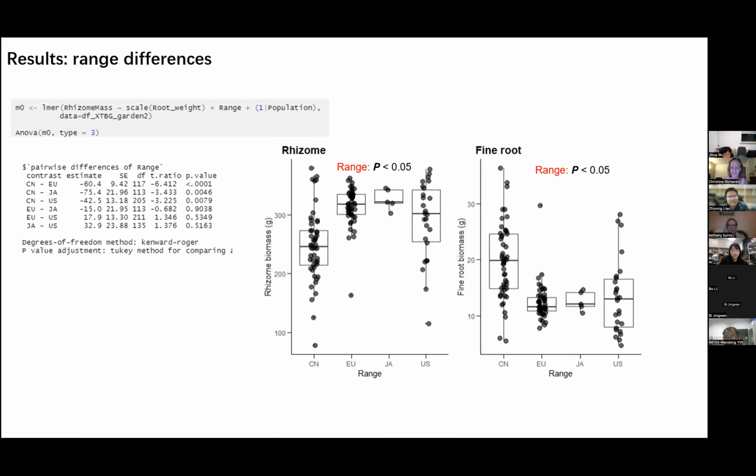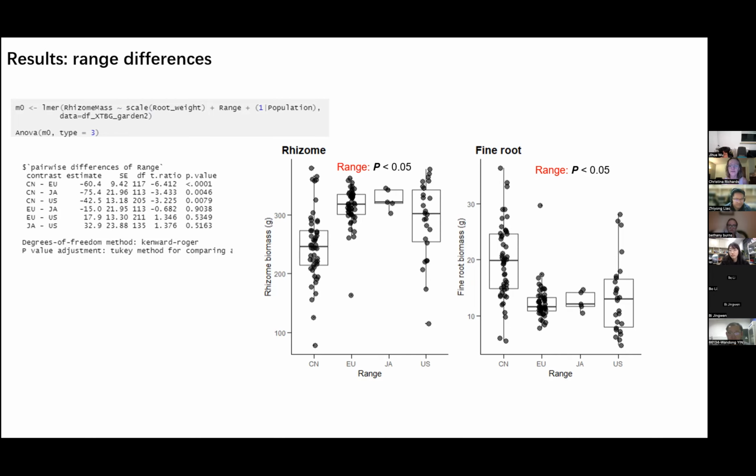I think we need to think about how to put the results from all three gardens together, to make a single story rather than three different stories, because we actually share similar patterns among the gardens, or some of the traits or variables.